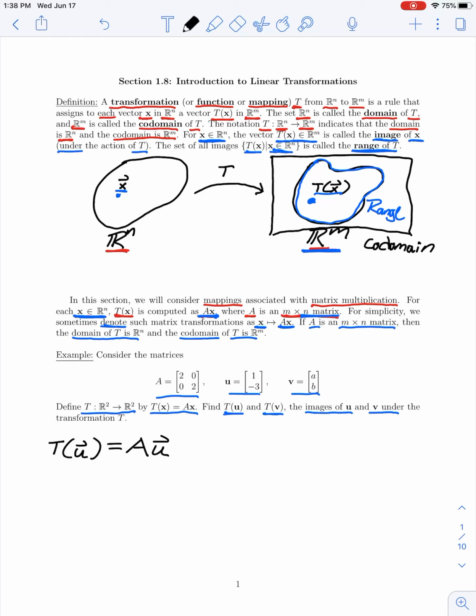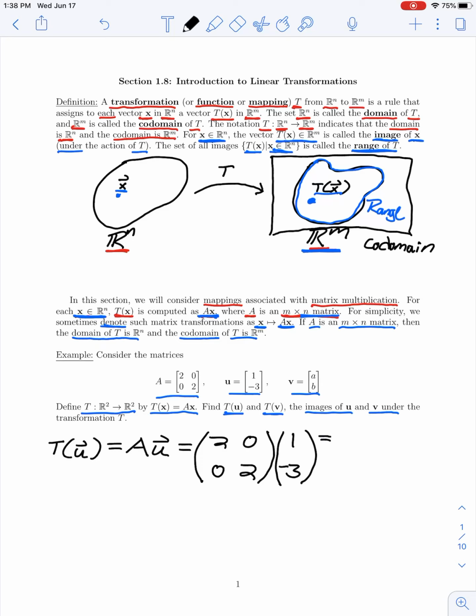Now here, A was the matrix 2, 0, 0, 2. We're multiplying by the vector u, which was 1, negative 3. So let's see what we get here.